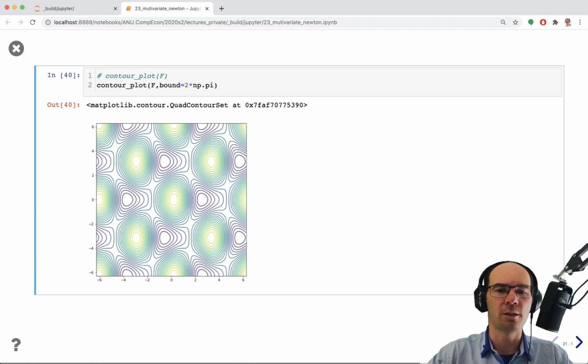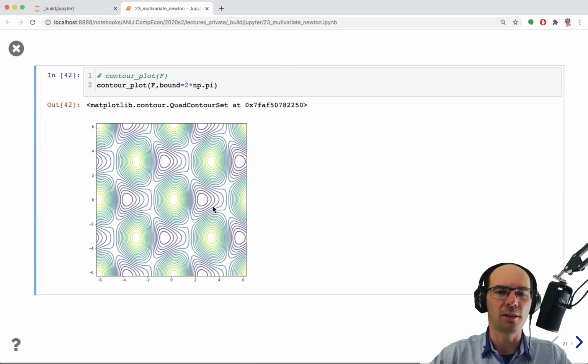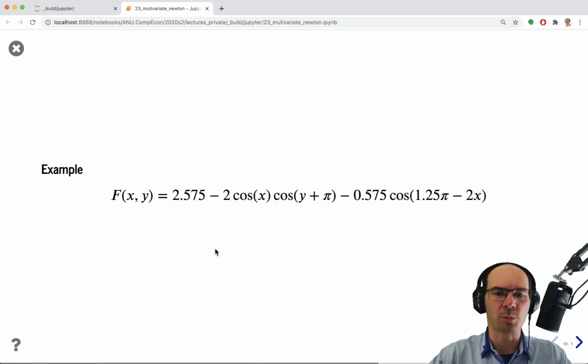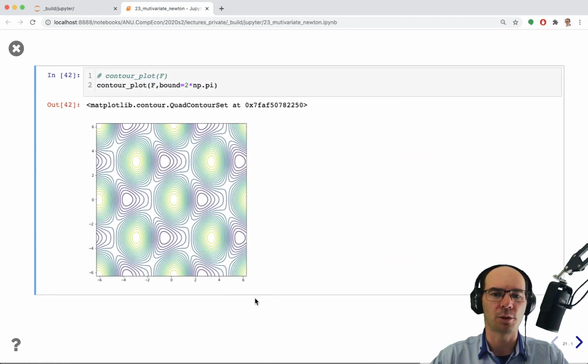The hills and valleys come in sequences and cover this huge space. All you see is these valleys and hills. And I guess that's what you would expect from a function that has lots of trigonometric functions in it. It will be repeated in all directions.